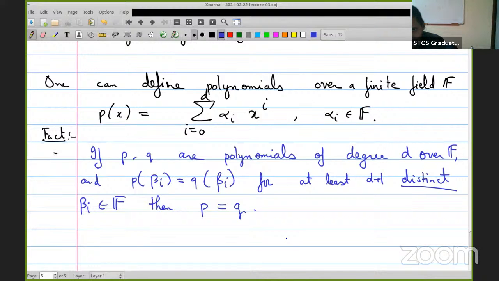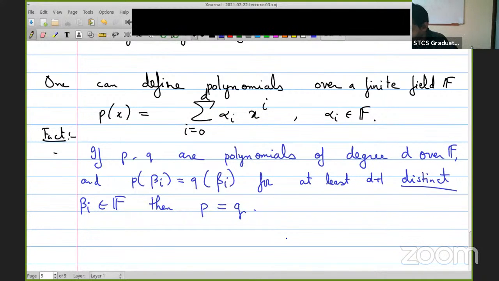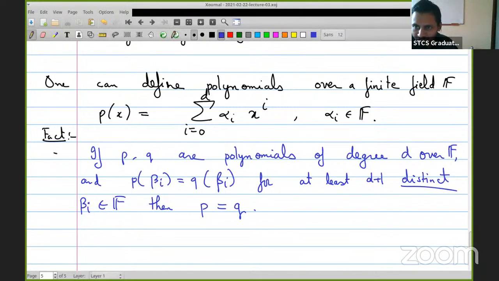Implicit in this is also the fact that if I have a polynomial of degree d plus 1 and I tell you its value at d points, you know nothing about its value at another point. You can also invert, because there is always a polynomial through d plus 1 values.